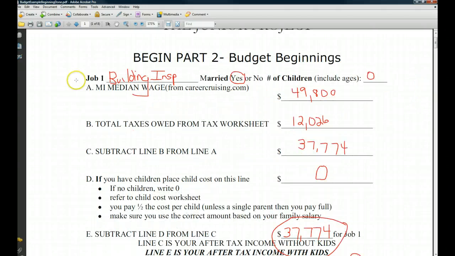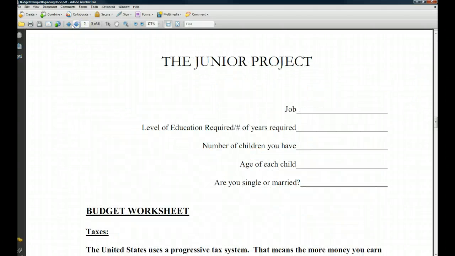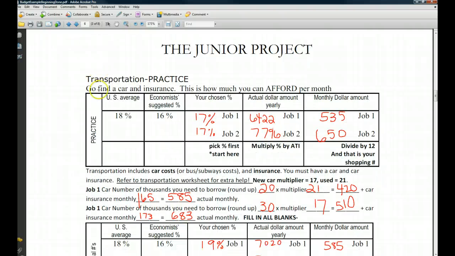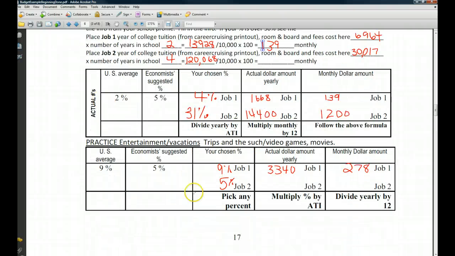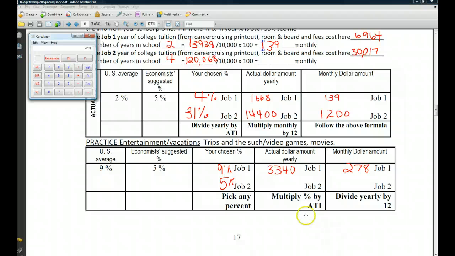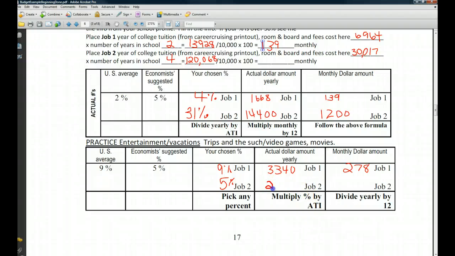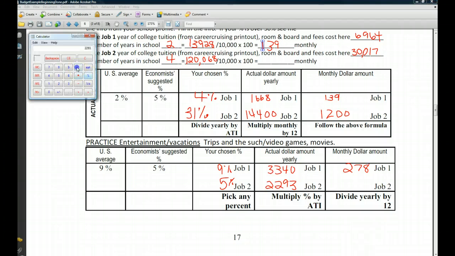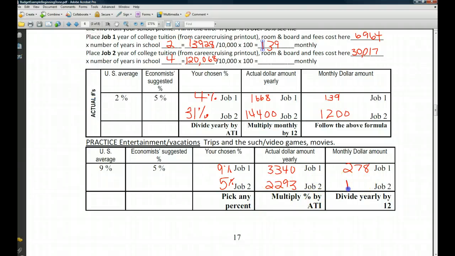So, sorry. Okay, so 2,293. Okay, I divide by 12, and that's $191.